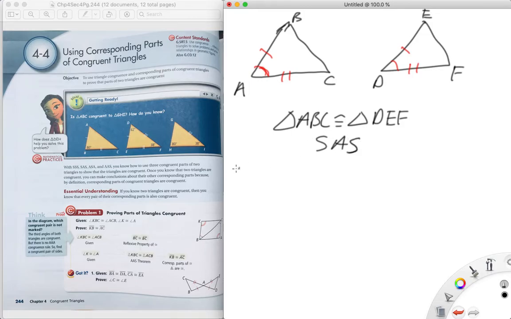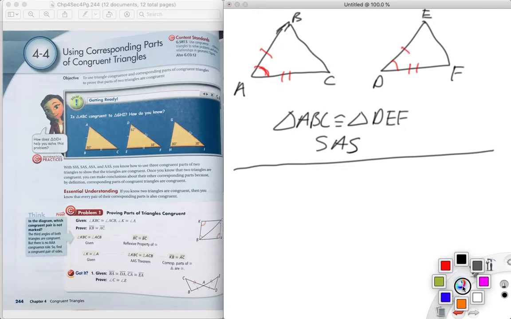Once I've proven them congruent, I can say that any corresponding side of them is congruent. So let's take a look at B and E. I already know that these two triangles are congruent. These two guys, angle B and E, they're twins, they're matching, they're corresponding.